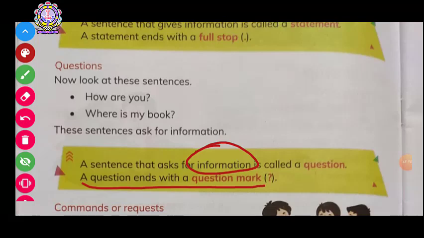That gives us information. A question is what? That asks for information. Your statements end with the full stop, and your questions end with the question mark. This too is the difference between statements and questions, right?